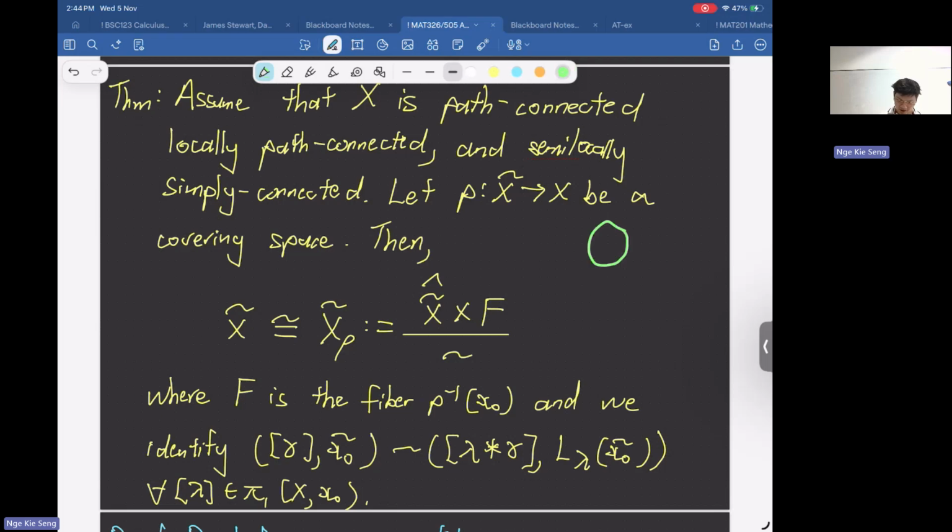Let me draw a proper one. So this is A, and this is B. We know that we have a covering space like A, B, D, A. This is the two-sheeted covering. And then we know that the universal cover of this is like that.